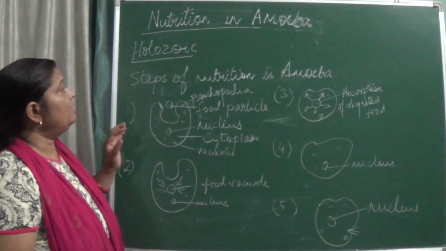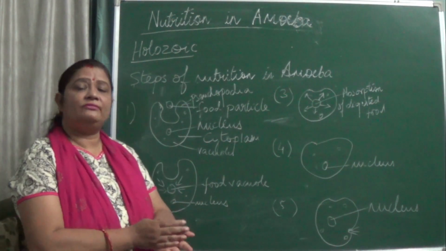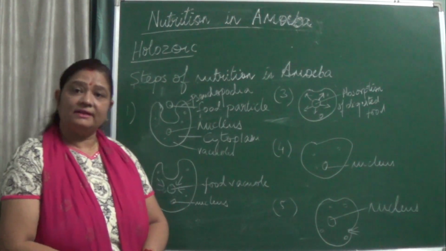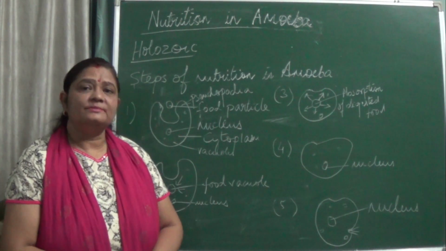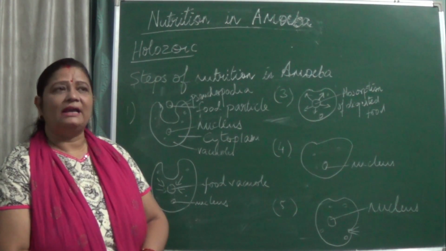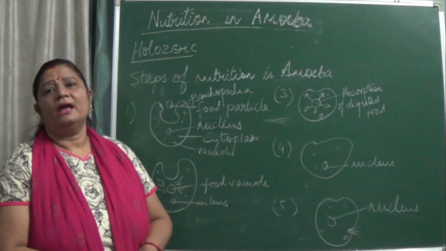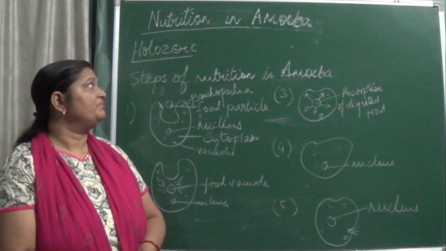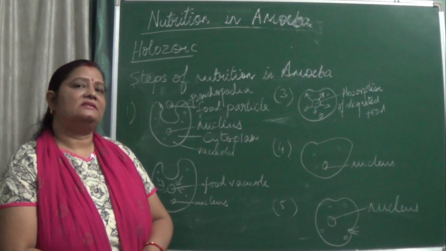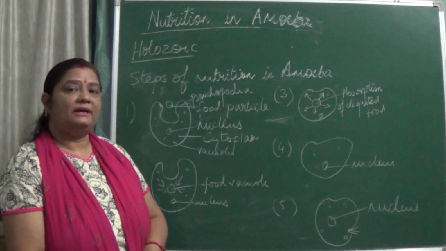Okay, so when we are talking about amoeba, they feed on small microorganisms, like bacteria, some diatoms, some simple microorganisms found in lakes. Actually, they are mainly found in water bodies or ditches. So whatever small microorganisms are present, the amoeba takes in.